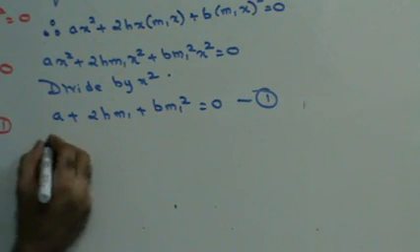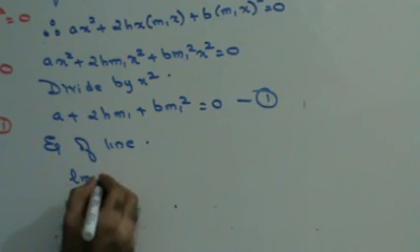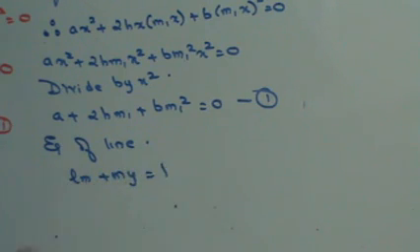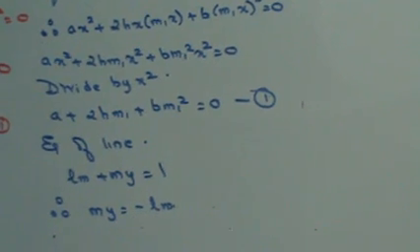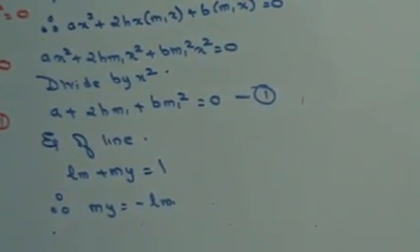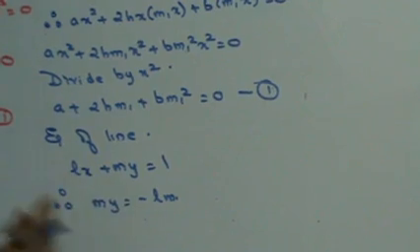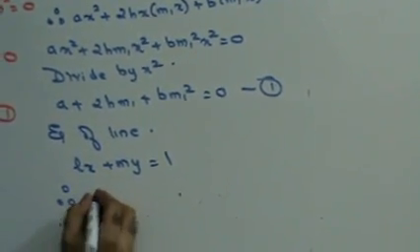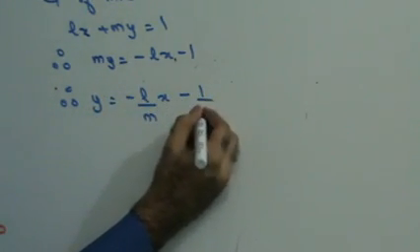Now, the equation of the line given to you is lx plus my is equal to 1. Therefore, I can say that my is minus lx plus 1. Therefore you can say y is minus l upon m x plus 1 upon m.